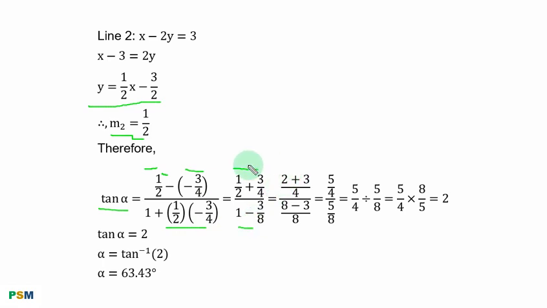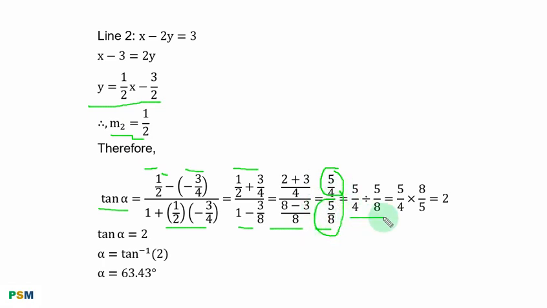If you simplify the two parts, numerator and denominator, you have this result and this result. So you divide the numerator by the denominator in this form.